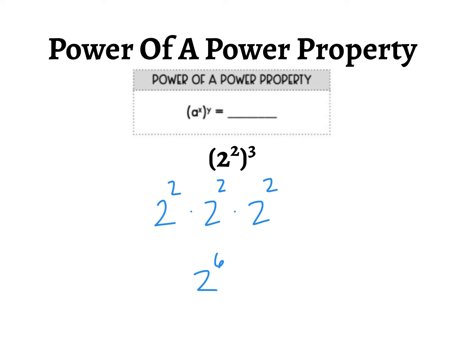Now, the rule here, if you can tell, is that I'm going to end up having these exponents adding to each other. Another thing that I could do is I can just multiply these two exponents.